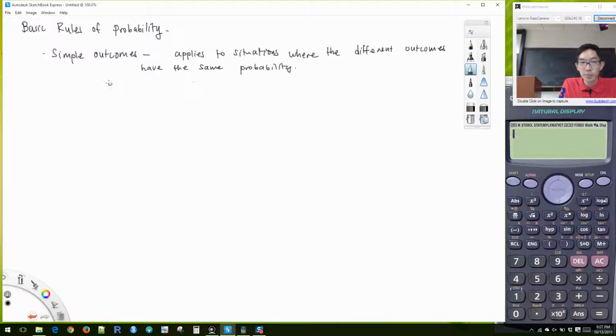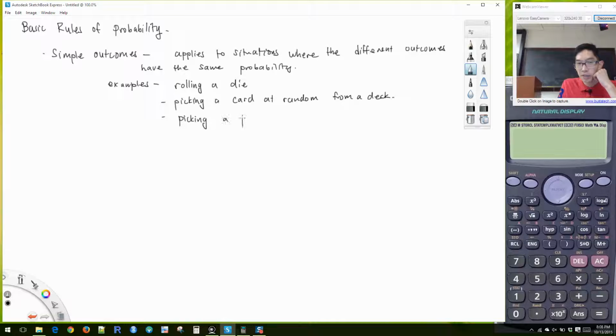Okay, so examples are things like rolling a die. Each face has the same probability. Picking a card at random from a deck. Or picking a person at random from a group.